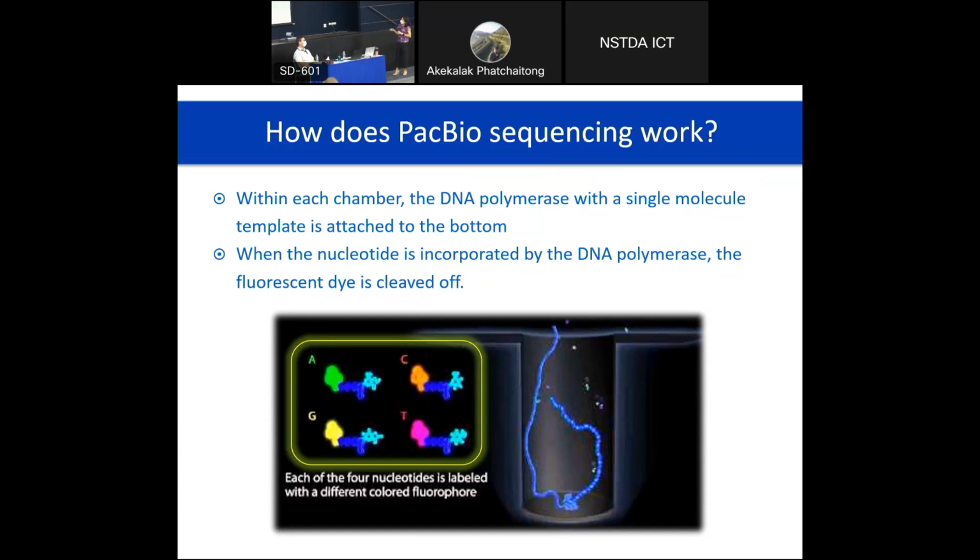Every time there's an incorporation, you get a splash of color within the well, which could be captured by the camera. And this is really cool. When you do this PacBio sequencing, you can tell the machine how long you want to capture the movie. So it takes a movie of this splash of light, and then it interprets the sequence data from this color.